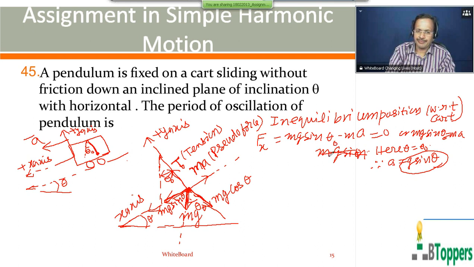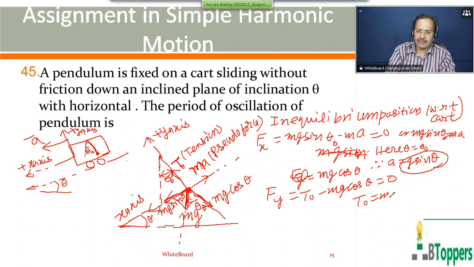Now the y component of the resultant force: mg cos theta. Theta and theta naught are equal here. The y component of the resultant force is T minus mg cos theta. That is 0 because it is in equilibrium.